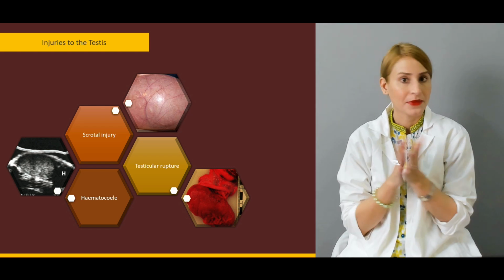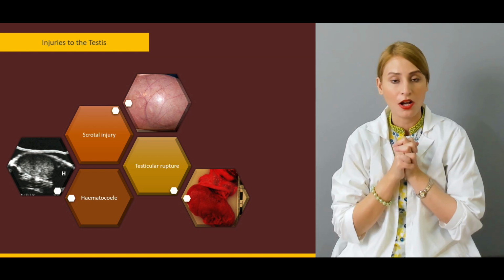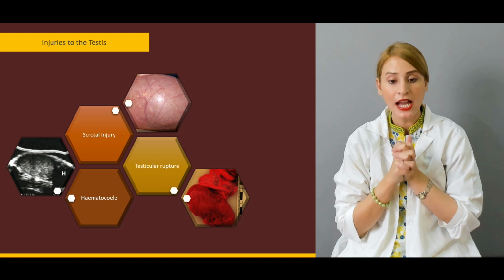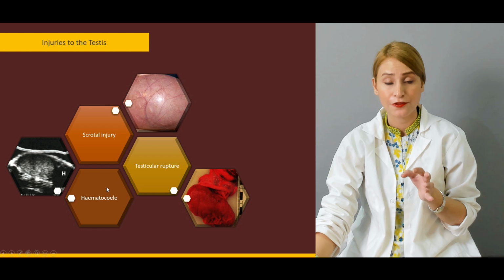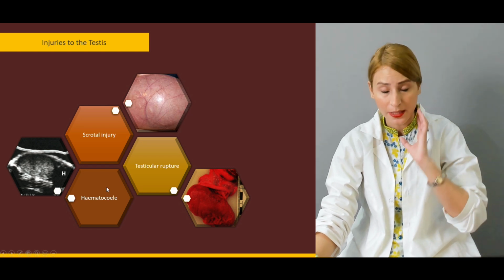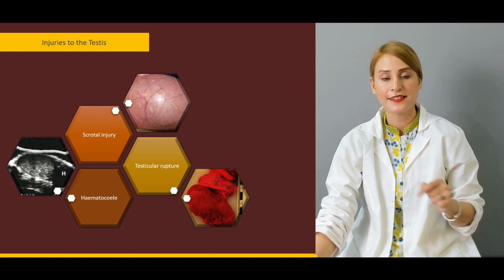Because sometimes these injuries of the testes can also occur along with epididymo-orchitis, right? So what you need to do is go for ultrasonography; immediate ultrasonography is very much important. Why is this so important?